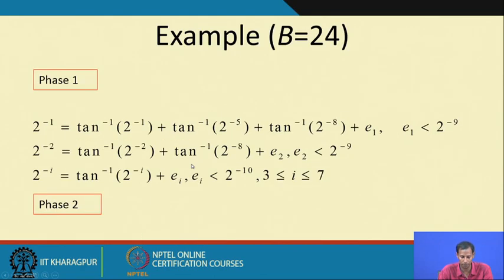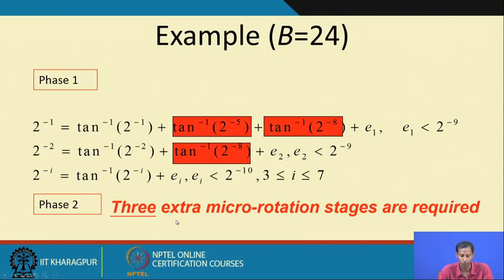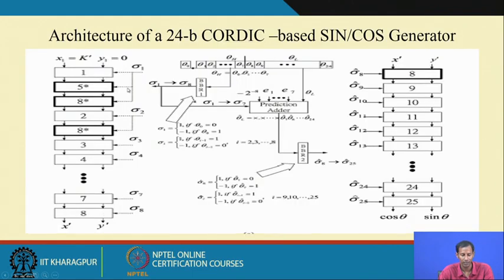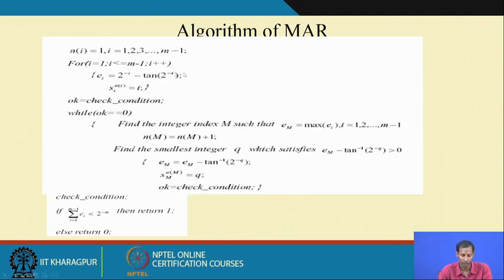So, in phase 2 we have to do that. Considering this, you have to modify or introduce some extra circuitry in this particular circuit. Okay. So, this is the algorithm for this micro angle rotation technique.